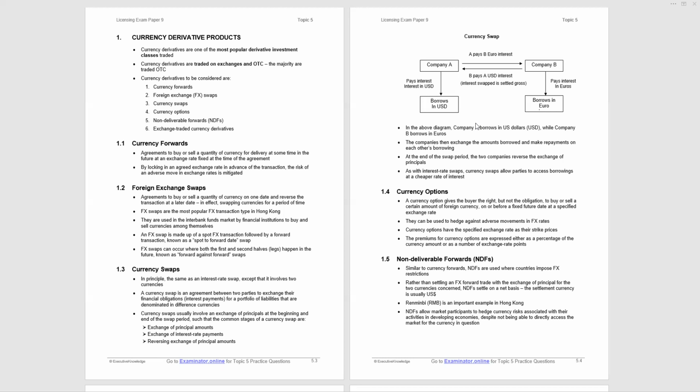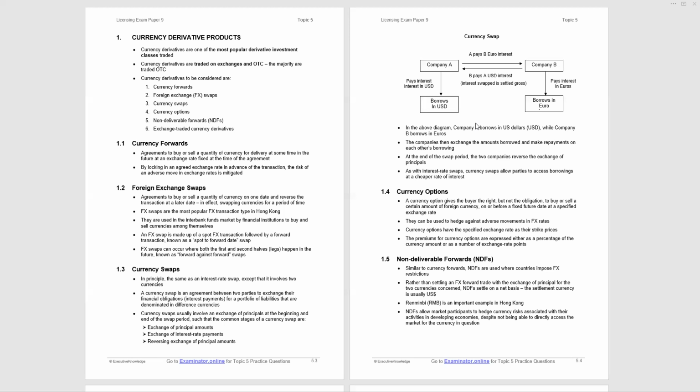Now, non-deliverable forwards is where you don't actually deliver the underlying currency at some time in the future. You net off in another currency, which is usually US dollars. So we're told that they're similar to currency forwards and they're used where countries impose FX restrictions, China being a classic example. Rather than settling the forward trade with the exchange of principal, the non-deliverable forward is settled on a net basis with the settlement currency, usually US dollars.